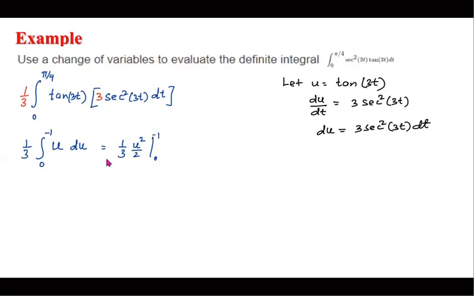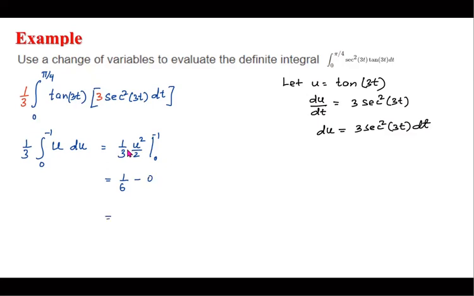So we use the fundamental theorem of calculus to evaluate this. If you plug in the upper limit, -1, this is 1/3 and 2 in the denominator, 1/6 of -1 squared, that is 1/6. Subtract and plug in 0. If you plug in 0, 0 squared is 0. 0 times that 1/6 is 0.